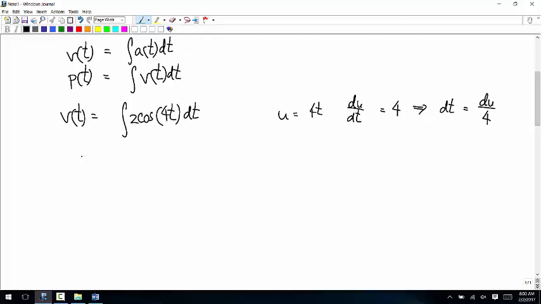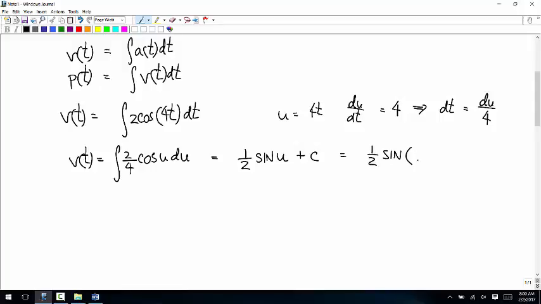And then the velocity function is the integral of 2 over 4 times the cosine of u du, which is 1/2 sine of u plus c, which is 1/2 sine of 4t plus c.